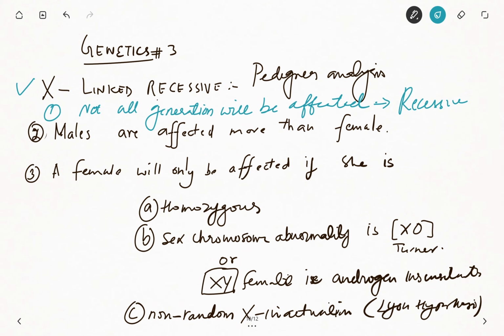But to begin with, you have to look at the pedigree, and if you see that not every generation has an affected individual, it means that this mode of inheritance is recessive. Okay, so the next step is males are affected more than females.